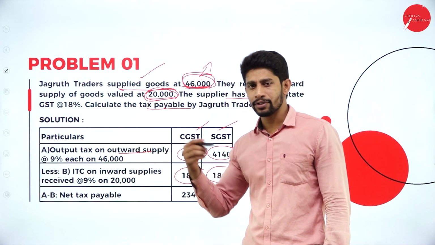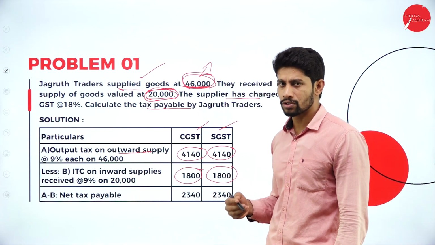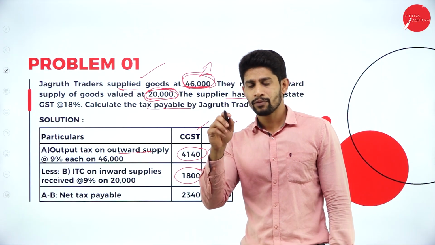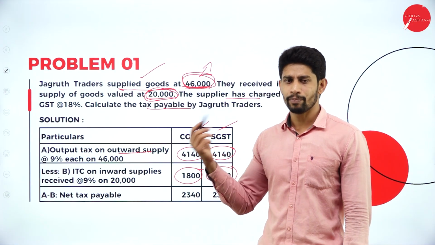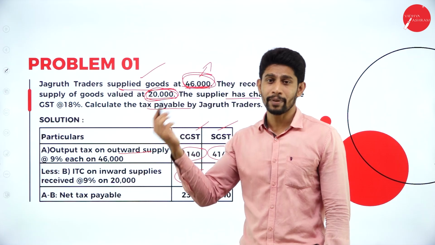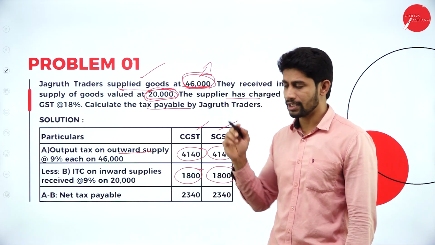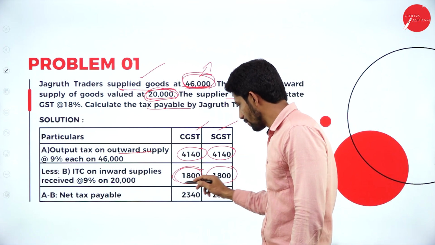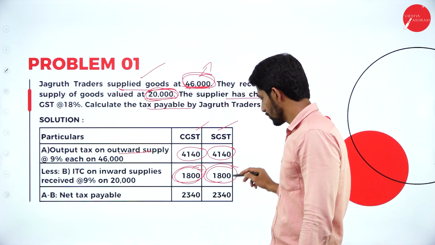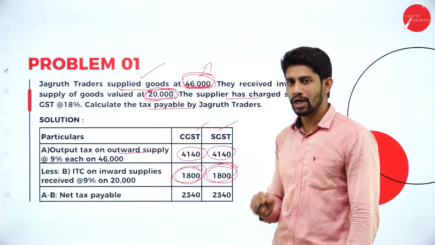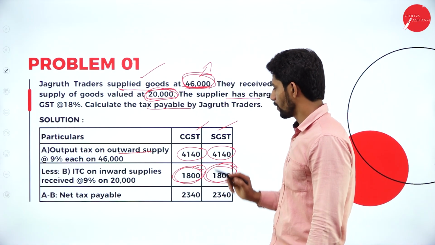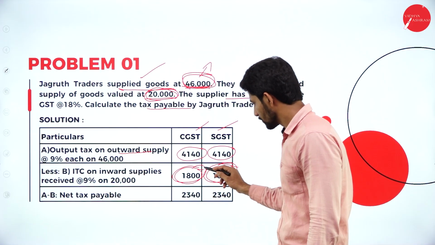So he is supposed to pay the tax of rupees 4,140 on the sales. But at the time of purchasing the raw material or the goods, for what price did he purchase? For 20,000. Obviously, you have already paid the tax at the time of purchasing it. So what is the tax paid at the time of purchasing? 1,800, 1,800. So now what will I do? I will not pay 4,140. I will take the advantage.